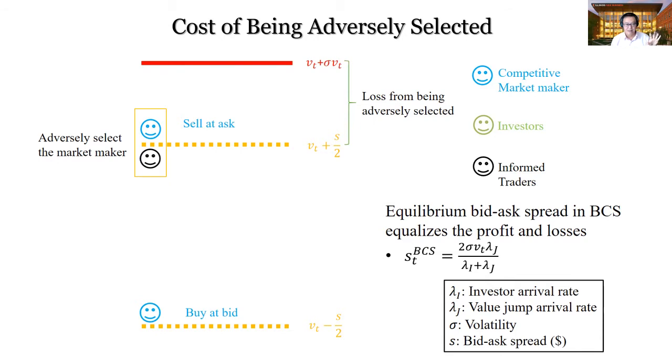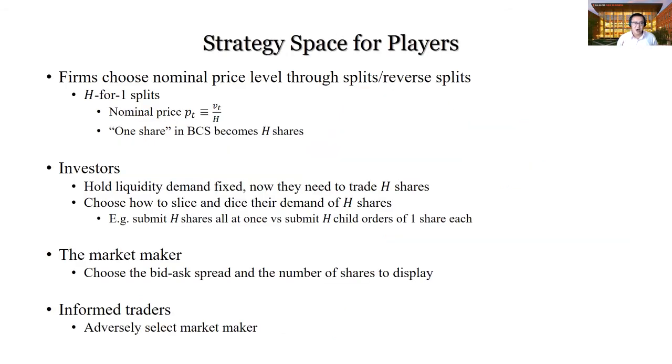But let me ask a question: what can the firm do? Think about it. 1 share in Budish, Crampton, and Shing can be very large. Now firms can choose nominal price in our model through splits or reverse splits. So an H-for-1 split means the price P is smaller than V, let's say H is bigger than 1. So 1 share in BCS can become H shares.